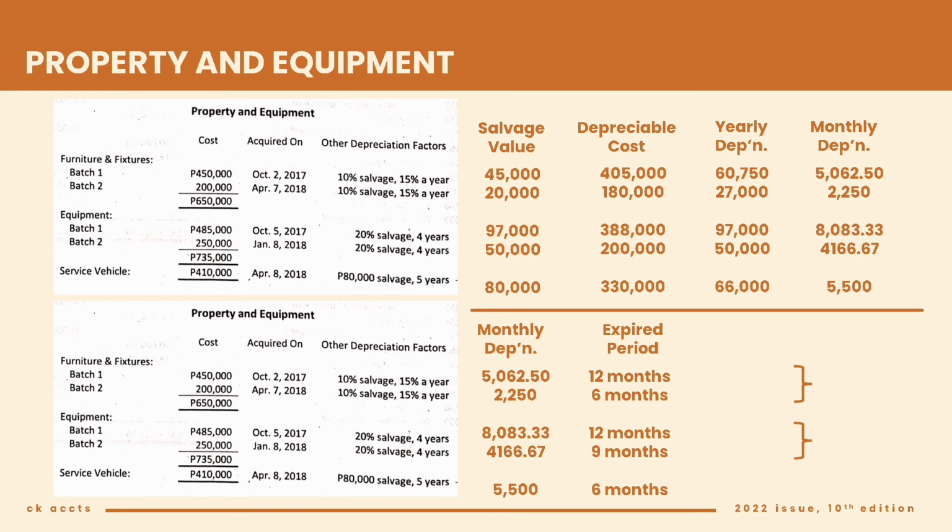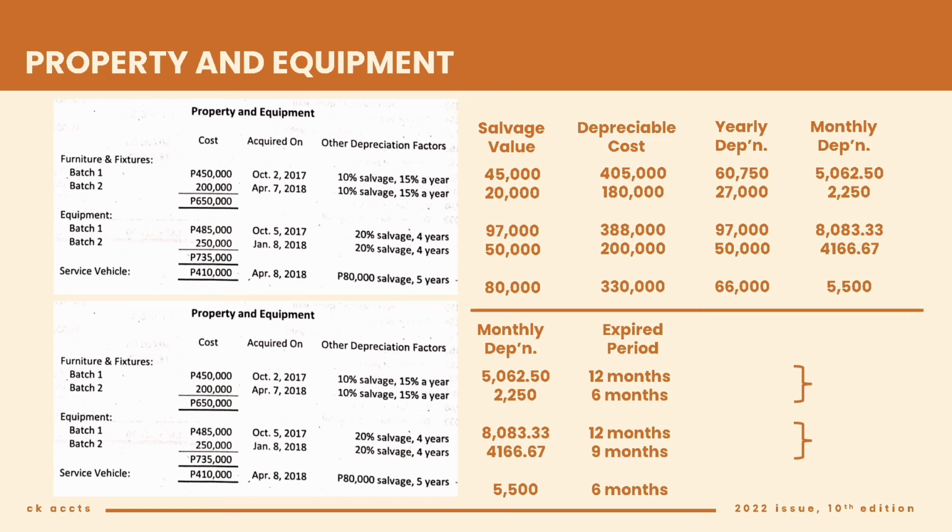So, we just have to count the months hanggang sa September 2018. Say, for example, from October 2017, wala tayong pakialam kung kailang day, basta doon tayo sa month nakatingin as per our accounting policy. So, from October 2017 to September 2018, ilang months yun? So, di ba that's 12 months kapag binilang natin.